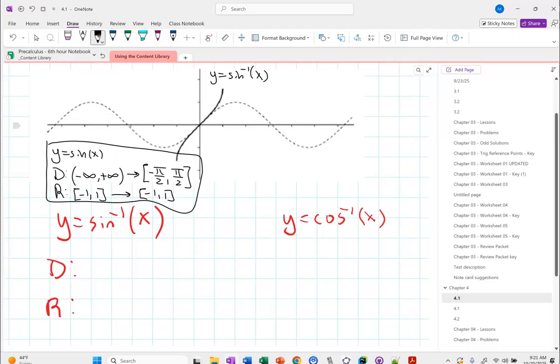They switch, right? The domain for my function becomes the range for the inverse. The range for our function becomes the domain for our inverse. Is everybody okay there?